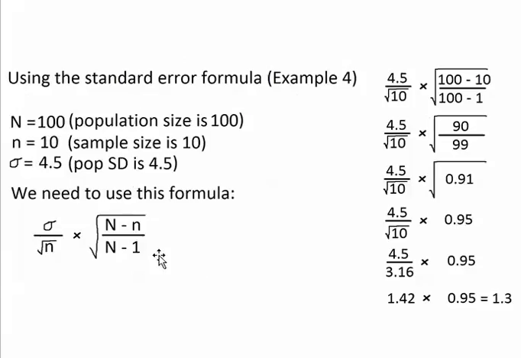So we can just use this formula again. It looks like the only thing that's changed this time is the population size. Instead of having a population size of 50, we have a population size of 100. So capital N is 100 instead of 50. And it looks like the standard error still comes out to about 1.3.